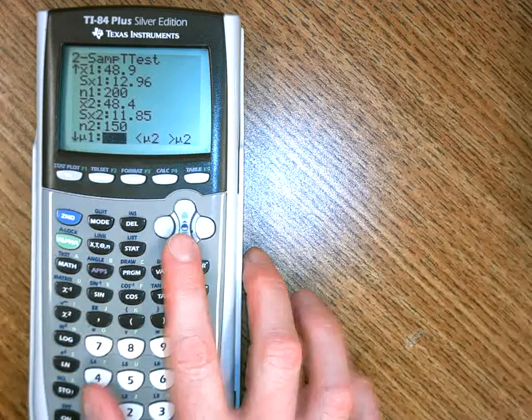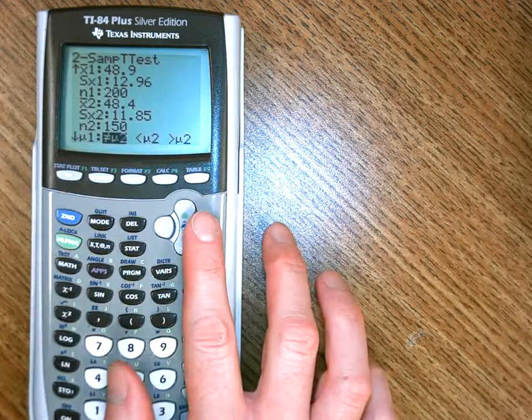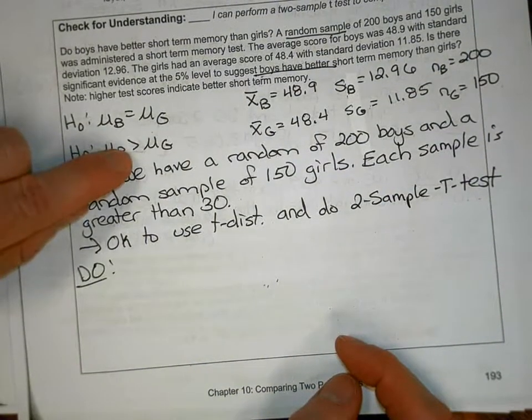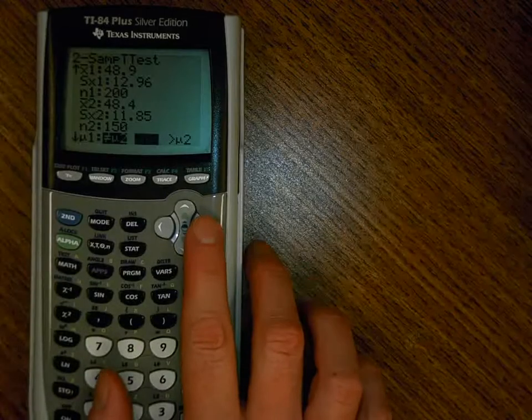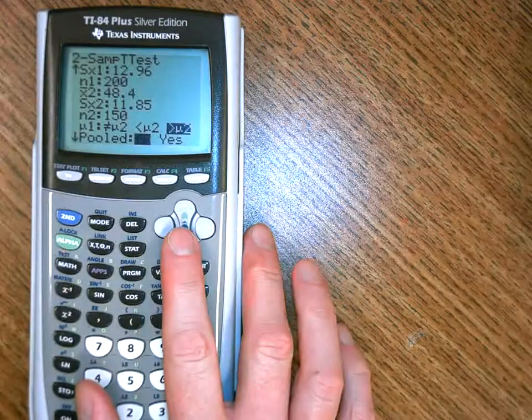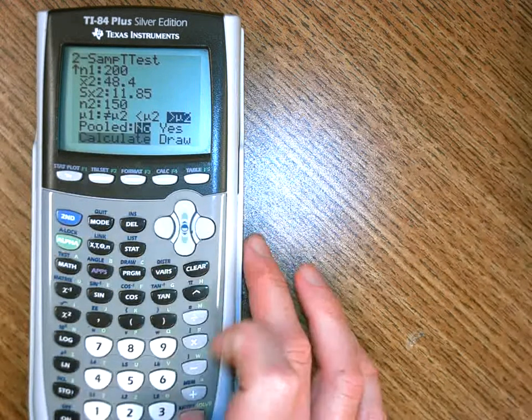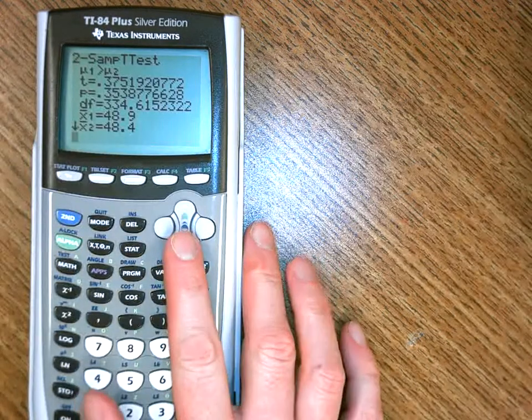And we want to see if the boys are greater than. Remember, if you get confused on the symbols and you're thinking too much, look back at what you wrote and just copy that little symbol in your calculator, because that's the right one. And the pool, what do we do about the pool? Don't get in the pool. Arthur whispered it. I was waiting for somebody to yell it. Stay out of the pool.